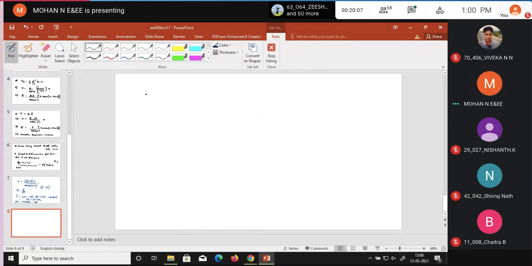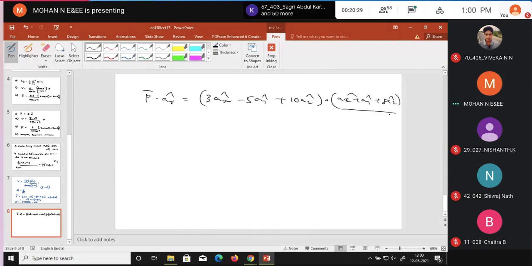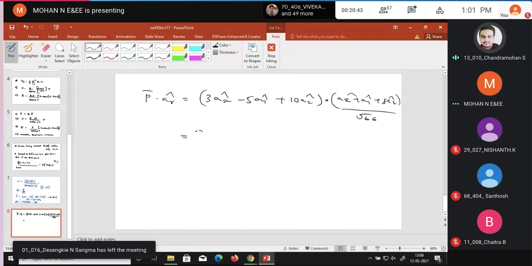So P vector dot a_r cap is 3 a_x cap minus 5 a_y cap plus 10 a_z cap multiplied by a_x cap plus a_y cap plus 8 a_z cap divided by root 66. What's the answer you get? So 9.6 into 10 power minus 9.